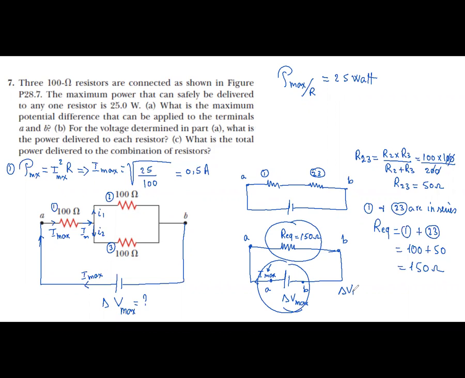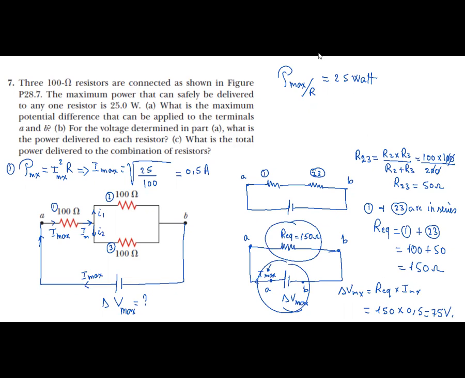So delta V maximum equals R equivalent times I maximum, which is 150 times 0.5 equals 75 volt.